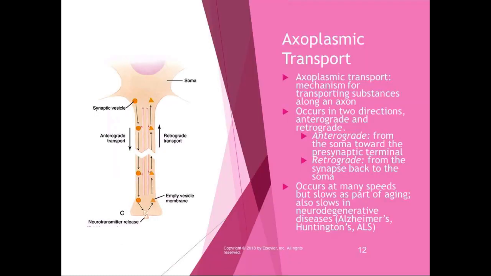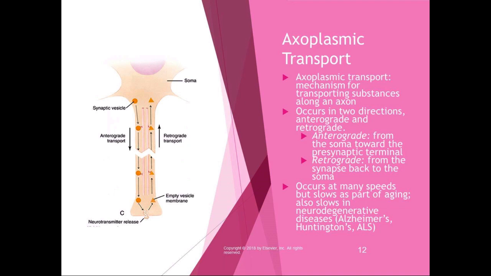Axoplasmic transport is a mechanism for transporting substances along the axon. The movement of substances from the soma along the axon towards the presynaptic terminal is called anterograde transport. And moving from the presynaptic terminal back to the soma is called retrograde transport.